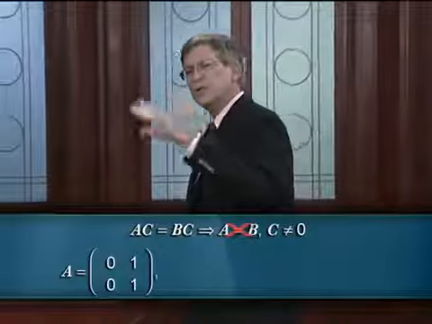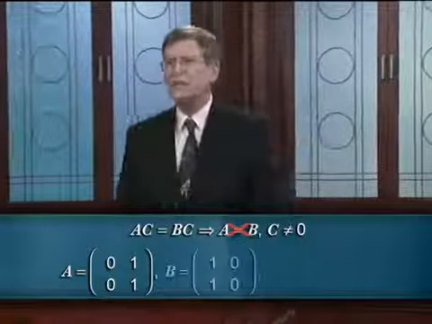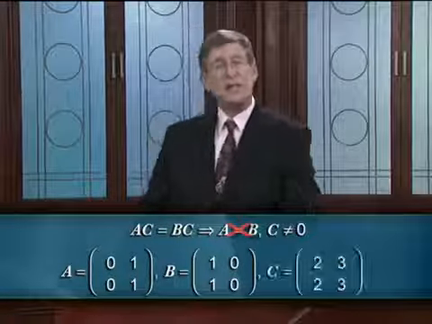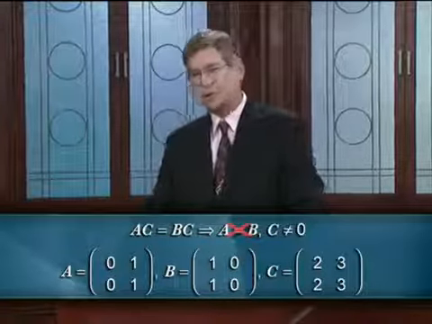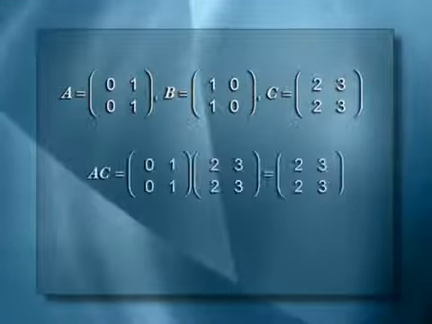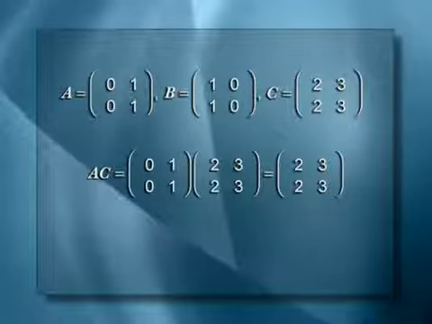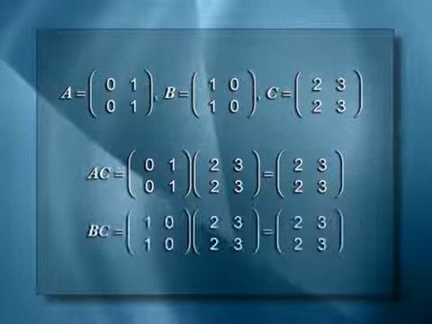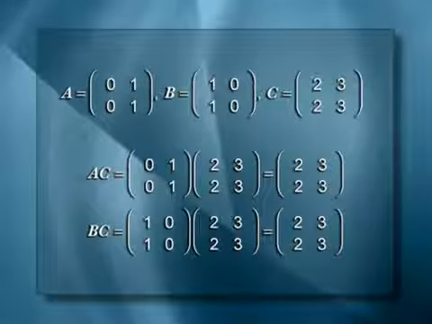Let A be 0, 1, 0, 1, and B the matrix 1, 0, 1, 0, and C the matrix 2, 3, 2, 3. There are lots of counterexamples, but here's the one I came up with. Now, with those choices, I'll let you verify the following. A times C equals 2, 3, 2, 3, and B times C also equals 2, 3, 2, 3.